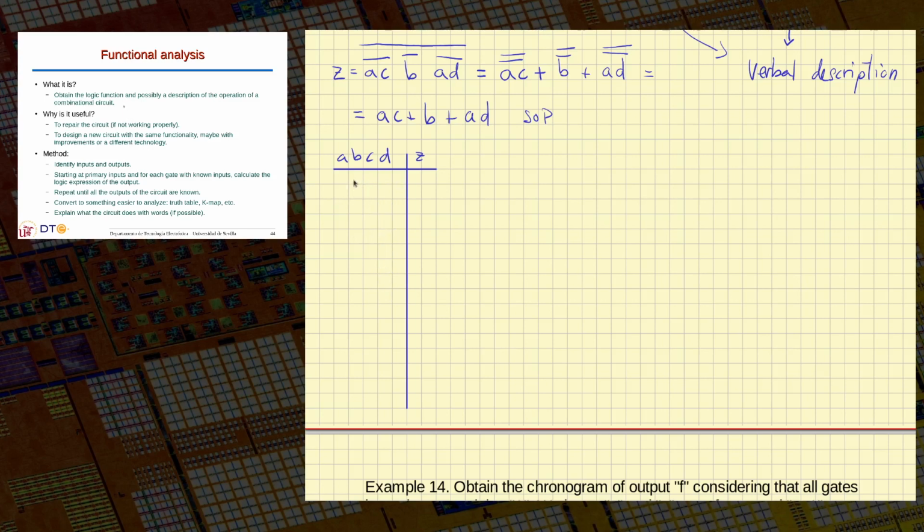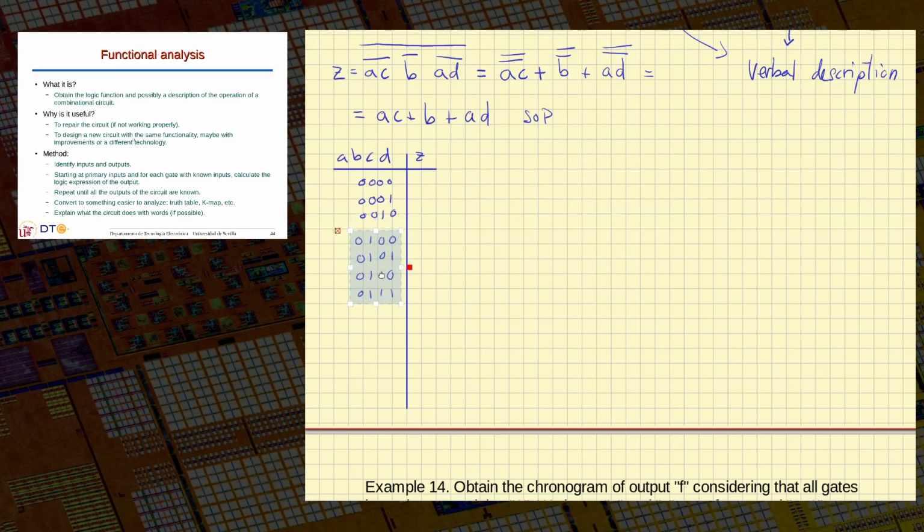So let's try 0, 0, 0, 0, 1, 1, 0. That's why I normally prefer Karnaugh maps, because it's a more compact representation. Oh, I already made another mistake here.